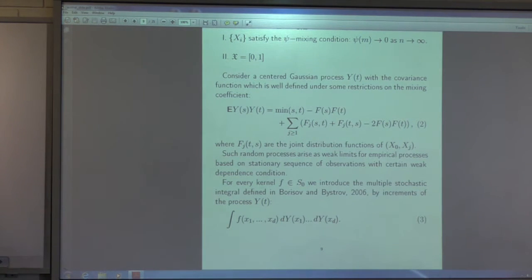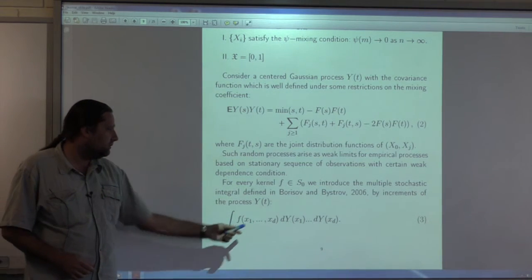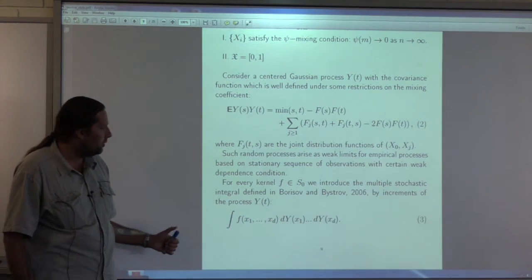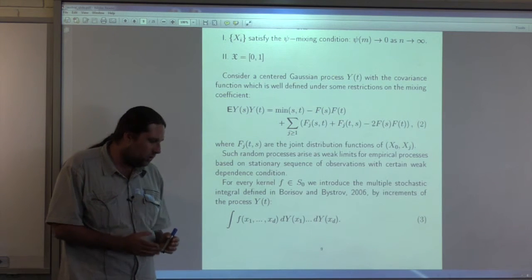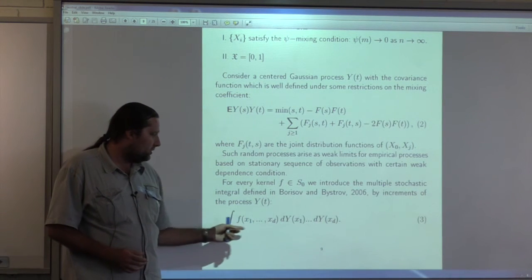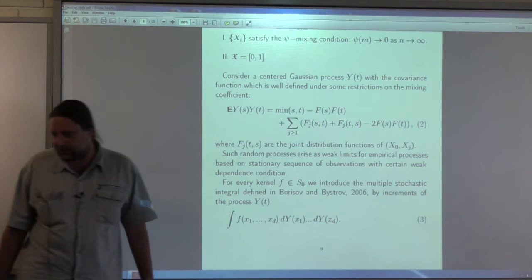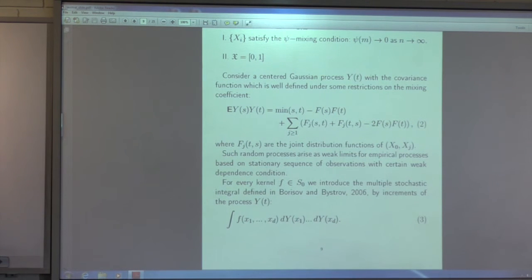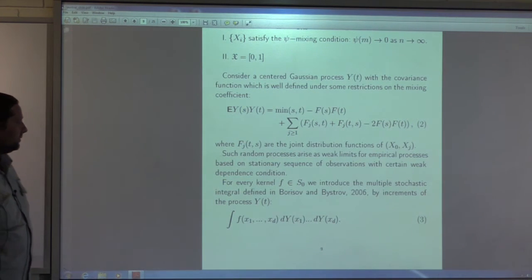Unfortunately, there was no general integral construction, and we didn't know what the proper kernel space was to define this stochastic integral as an L2 limit of the corresponding integral sums, but this general construction was described by me and my supervisor, Professor Borisov.